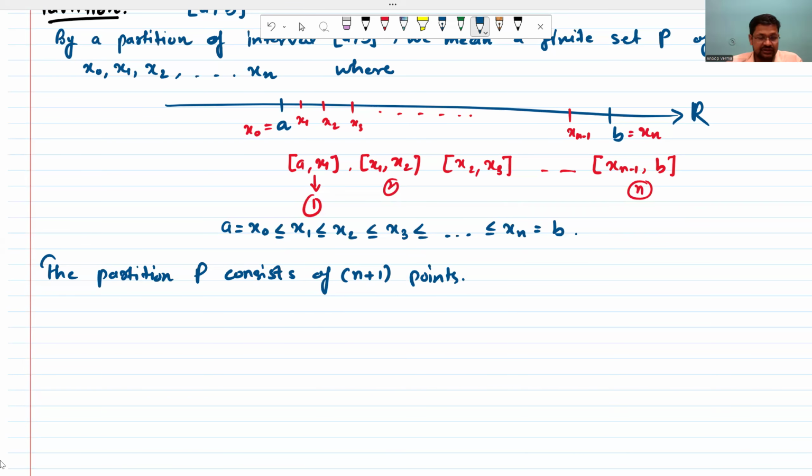So it means in this partition of n plus 1 points, it may be different. You can change the partitions, you can get some different partition as well.